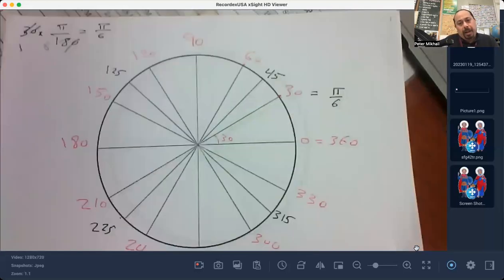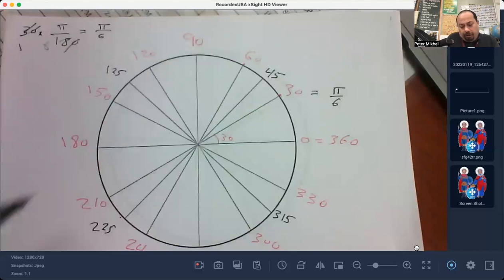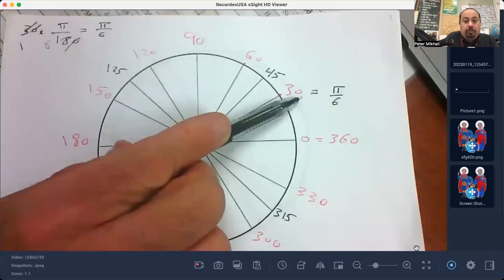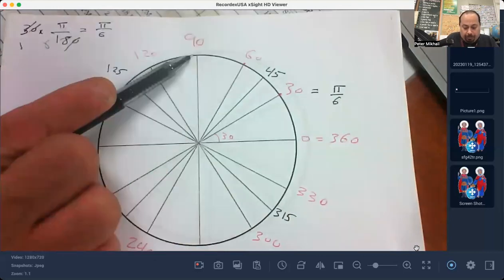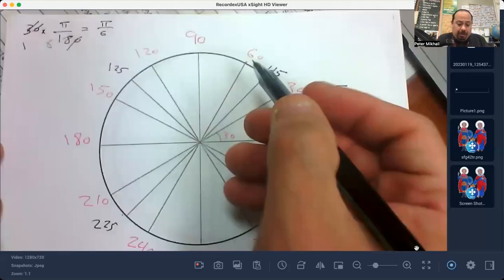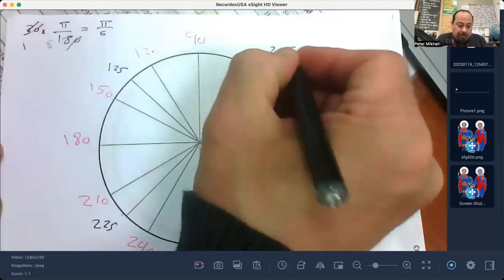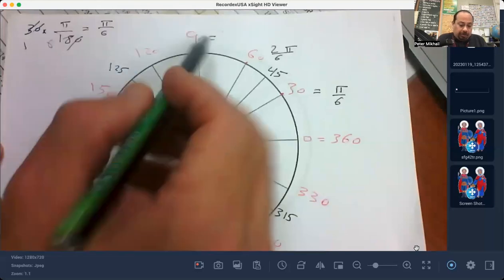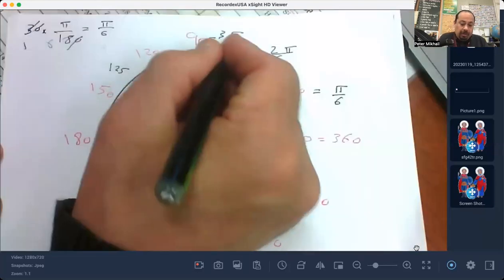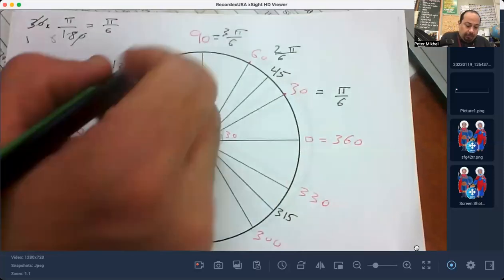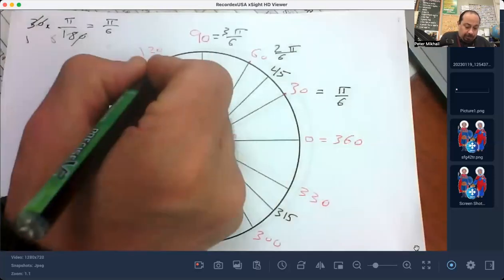You know what? I've got good news for you. All the multiples of 30 are going to go up by just 1: 1 pi, 2 pi, 3 pi, 4 pi, 5 pi, 6 pi, and so on. So the 60 is going to be 2 pi over 6. 90 is 3 pi over 6. So I go by 1 pi, 2 pi, 3 pi, 4 pi over 6.